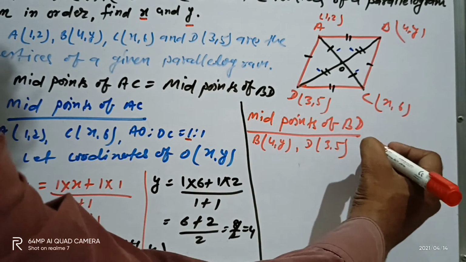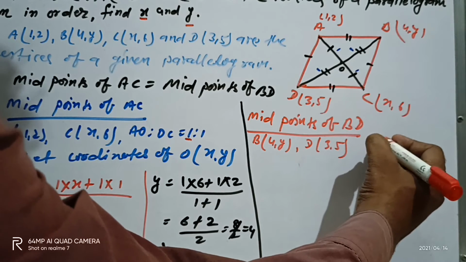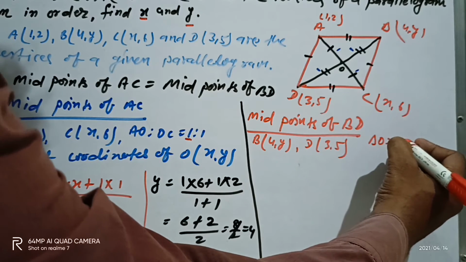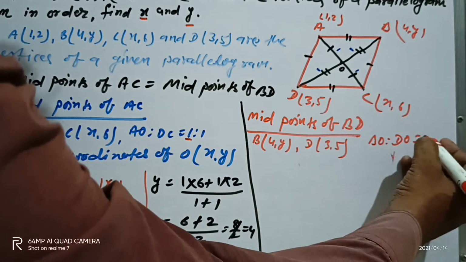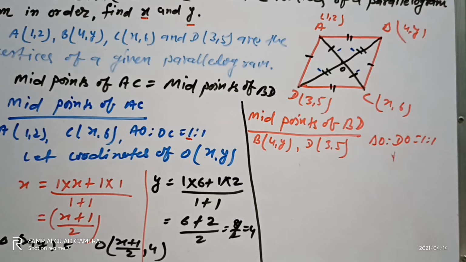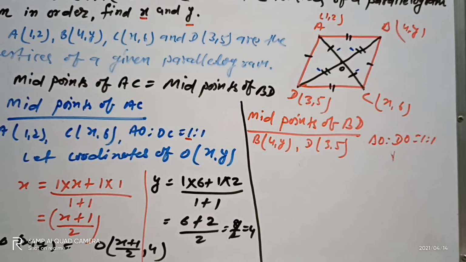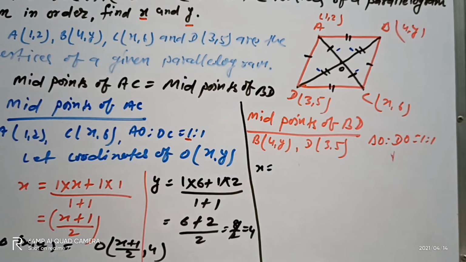So the ratio, I mean the BO to OD ratio, or BD, you can say BO to DO, that will be 1:1. That will be similar here, no problem at all. So we can find the midpoint of this one like that, x is equal to what will be there.